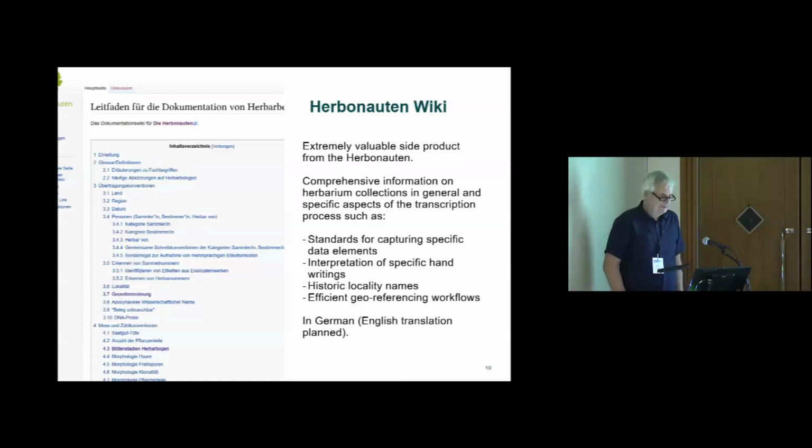And there is a new side product of the whole system, which is called Herbonauten Wiki. That's extremely valuable. It has grown over the years tremendously and provides comprehensive information on herbarium collections in general, but also about specific things around transcription, standards for capturing elements, interpretation of handwritings, historical locality names, workflows for georeferencing, and so forth.